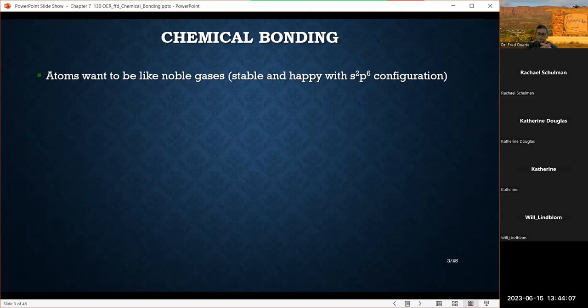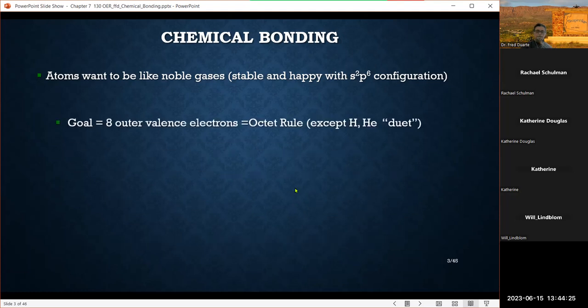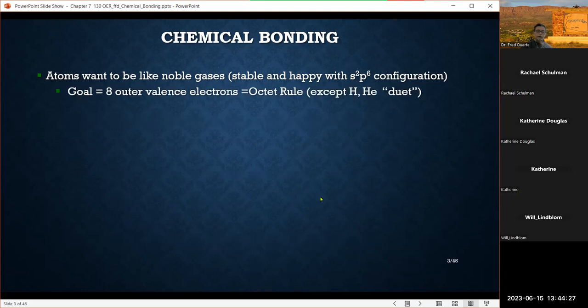And atoms do this by either losing or gaining electrons. We know now, I mentioned it, that metals lose electrons, whereas nonmetals gain electrons. The goal is to get the octet, except for helium.